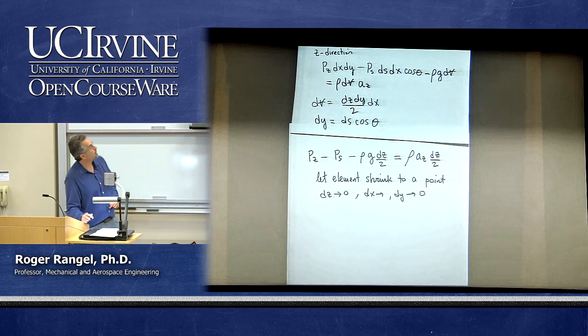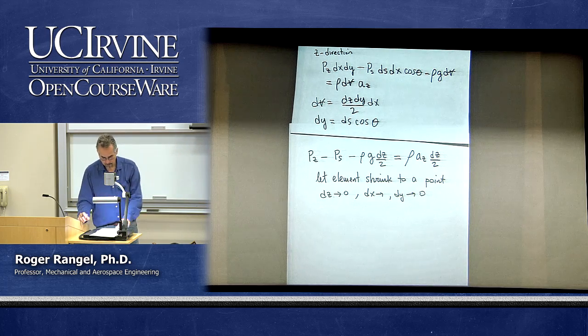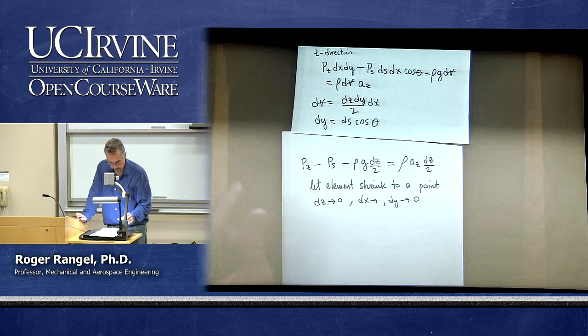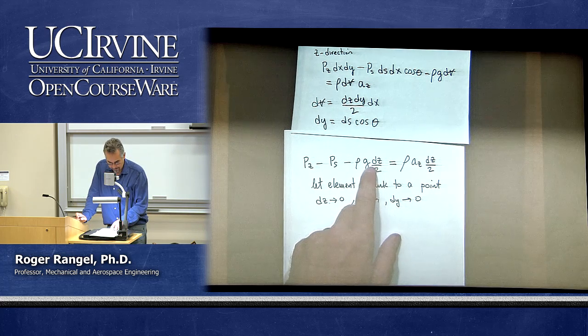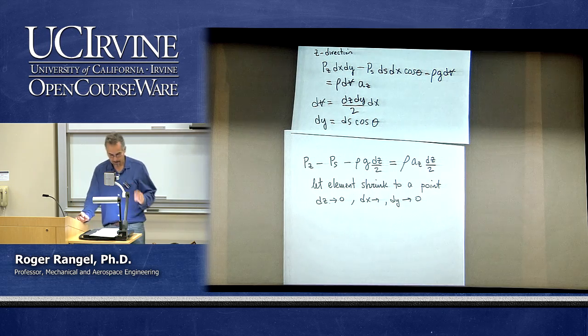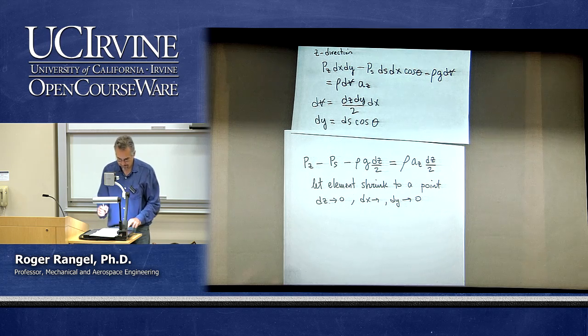Right? Make all the sides go to 0, shrink it to a point. This equation remains valid for any size, but as this element shrinks to a point, obviously the last two terms that involve dz will get smaller and smaller, and in the limit they will vanish.